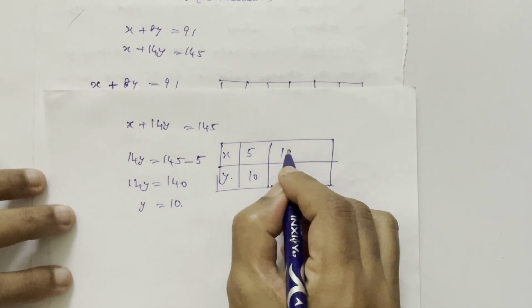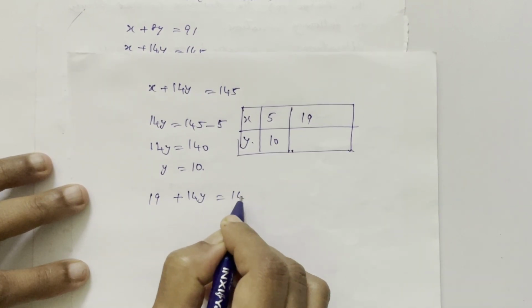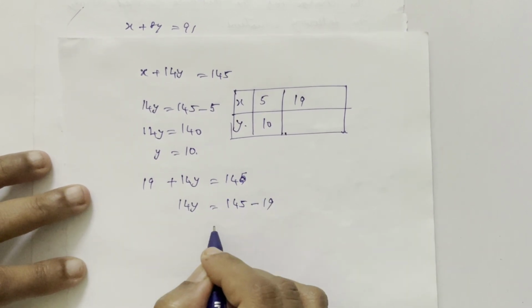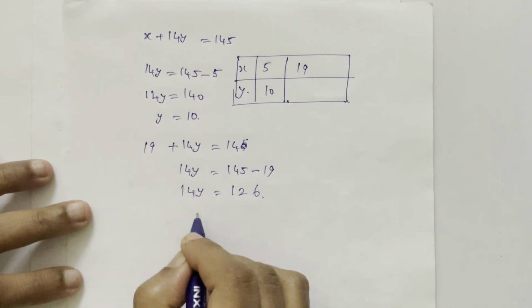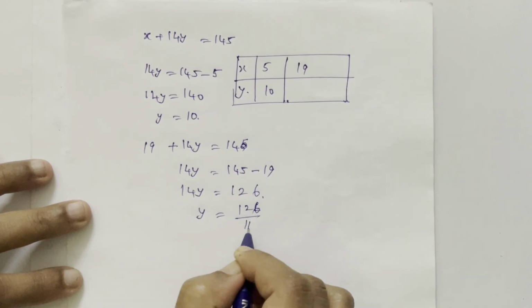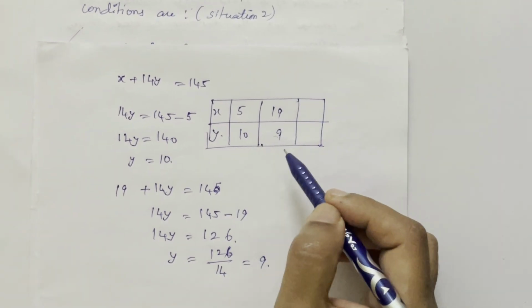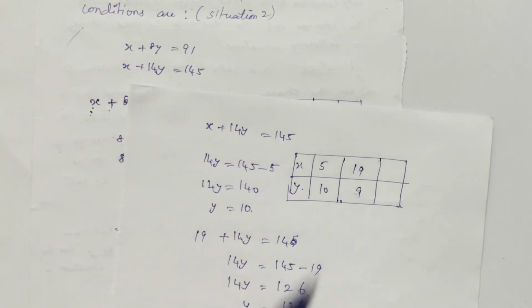Next I am taking x is 19. With these two values we can plot the graph for the equation x plus 14y equal to 145.